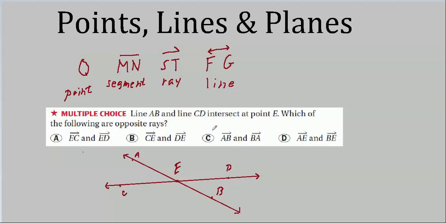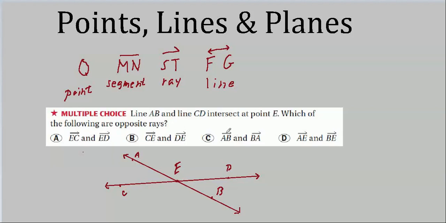In fact, if we go through and look at these quickly, if this were a standardized test, I would say, first check for common endpoints. This is the only one that has common endpoints. So it's probably the only one that has a possibility of being right. Because, for instance, CE and DE, we just look at that, and it doesn't make any sense.